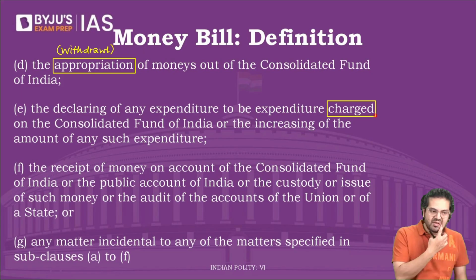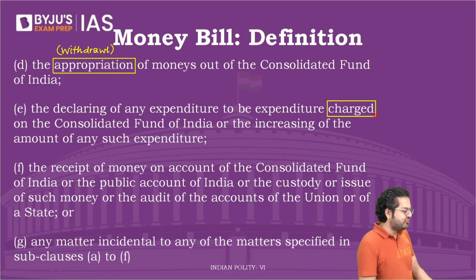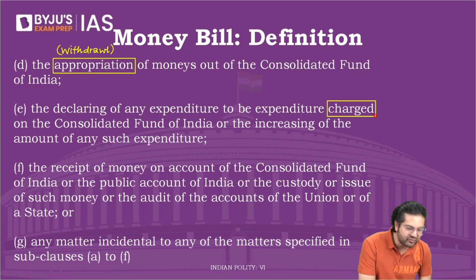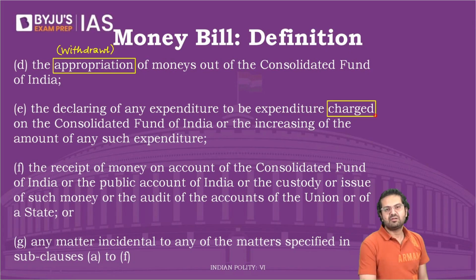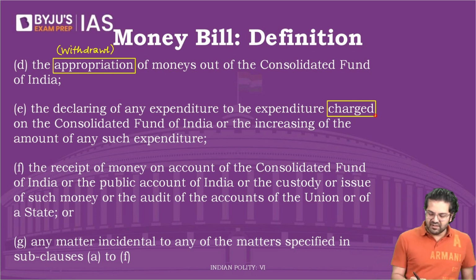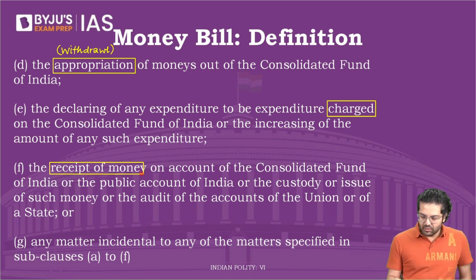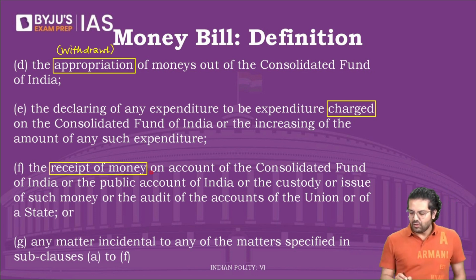Then anything that is called a charge expenditure. Remember? Salary of president, allowance of president, salary of Supreme Court judge, allowance of Supreme Court judge, pension, etc., salary of CAG, all these things are called charge expenditure. What is charge expenditure? No voting, only discussion. Charge expenditure, money bill. And receiving money on account of CFI or PAI.